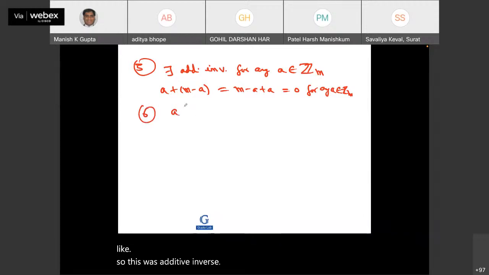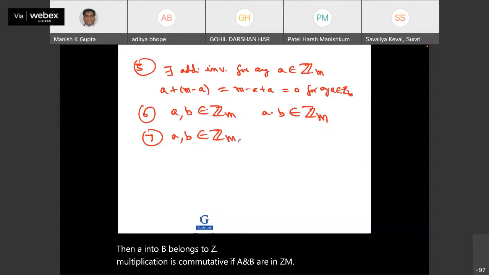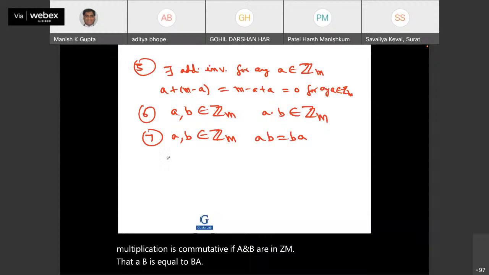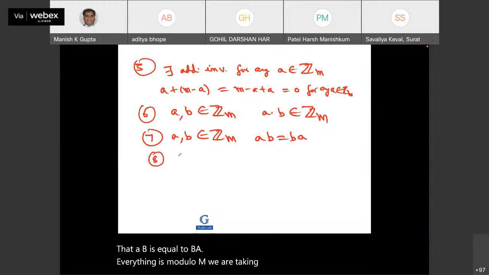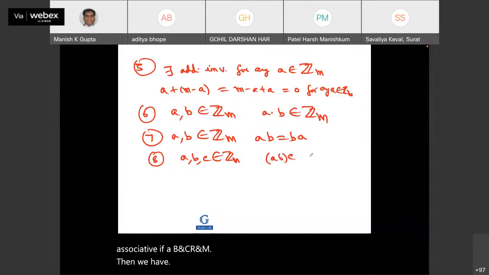Sixth, multiplication is closed. If a and b are in Zm, then a times b belongs to Zm. Seventh, multiplication is commutative. If a and b are in Zm, then ab is equal to ba. Everything is modulo m that we are taking, right? Eighth, multiplication is associative. If a, b, and c are in Zm, then (ab) times c is equal to a times (bc).